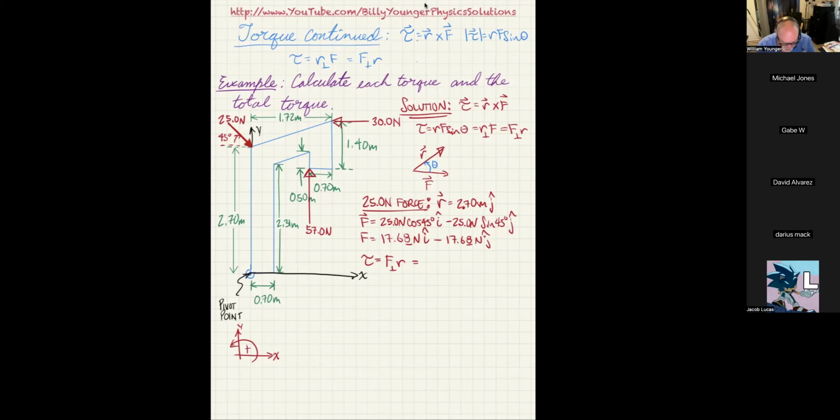Actually, let me ask you guys, and feel free to chat this or feel free to just blurt it out. What I'd like to know is, that 25 Newton force, is that a clockwise torque or a counterclockwise torque?